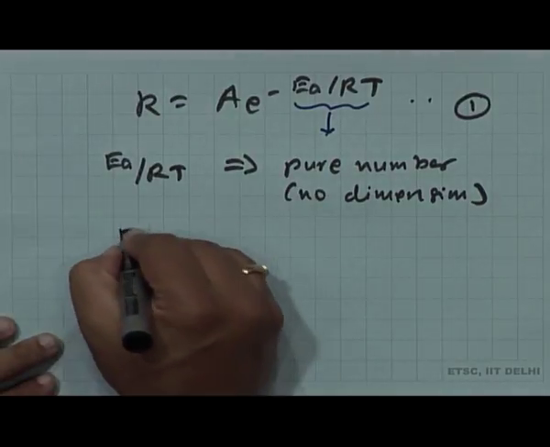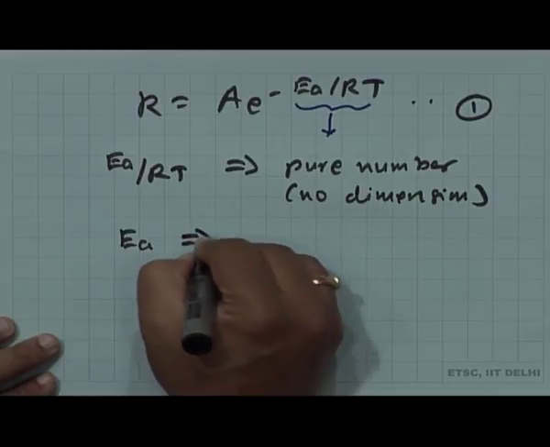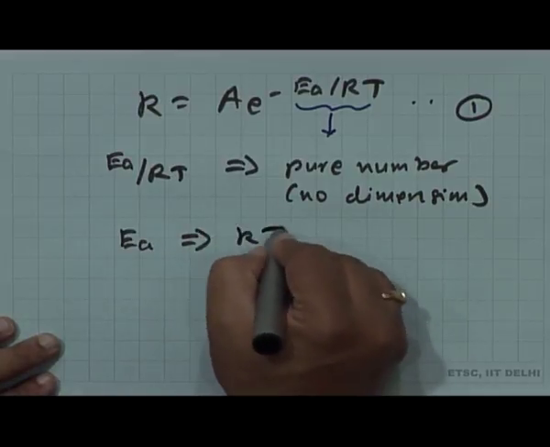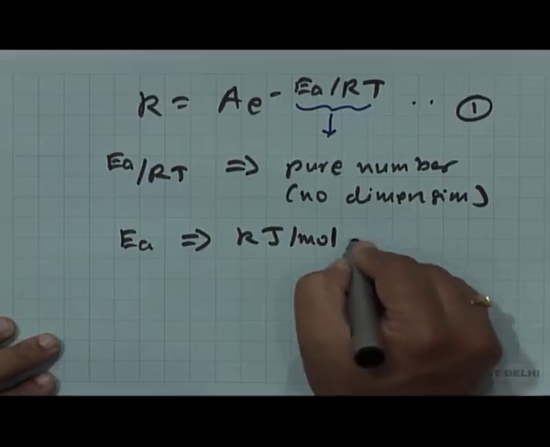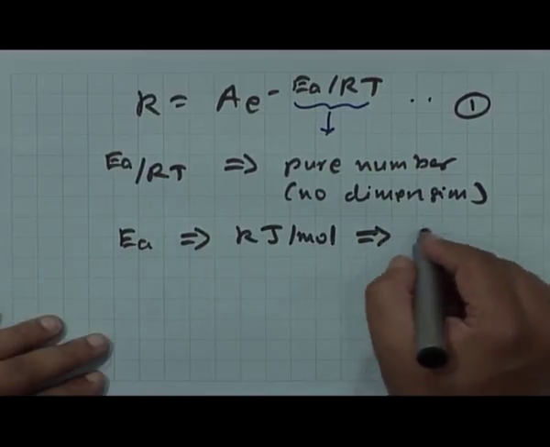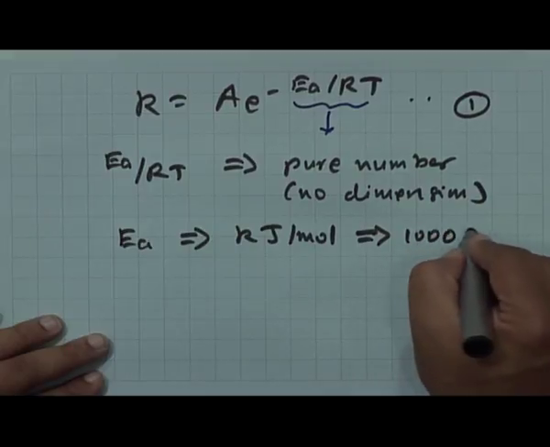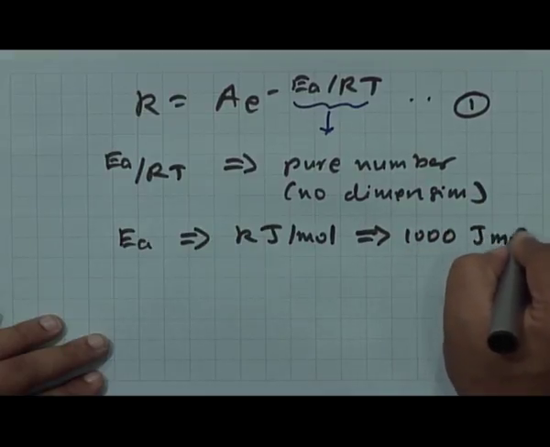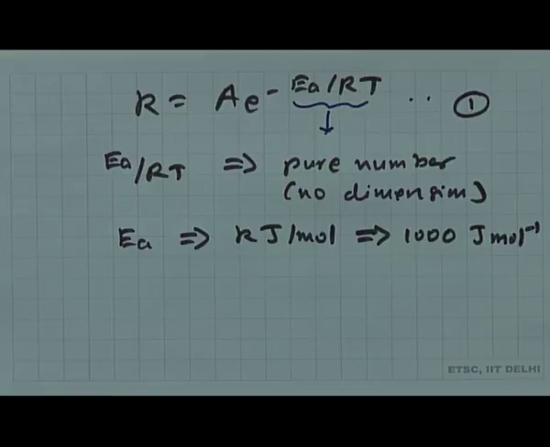So, generally EA is expressed in kilojoules per mole, which I can write as, kilo means 1000 or 10 to the power 3 joule mole inverse. I can write it in that form. What about the denominator now?